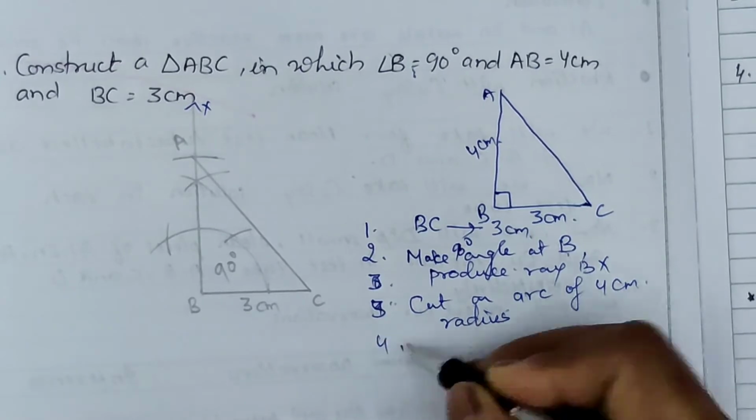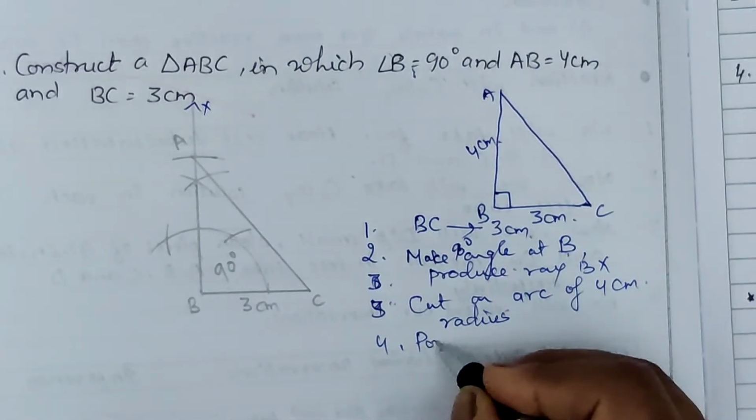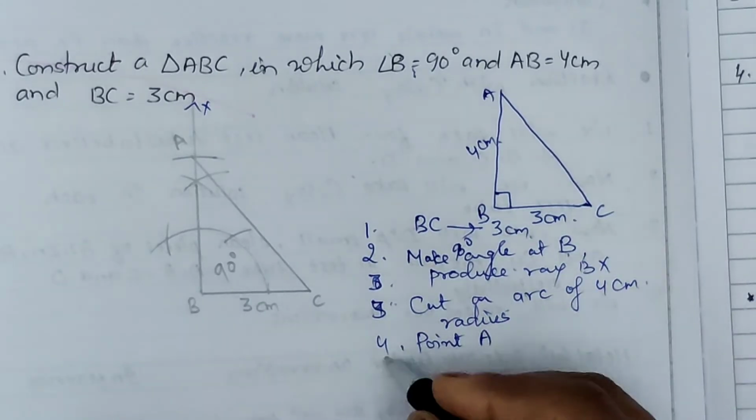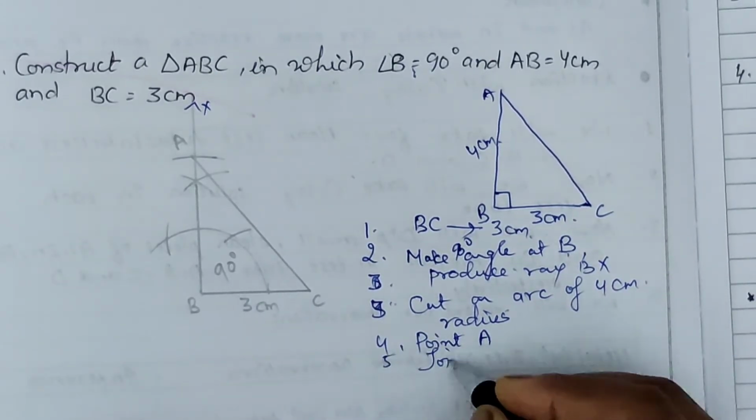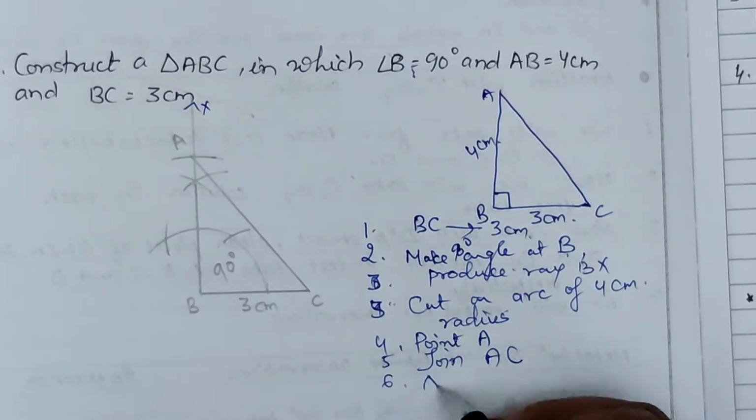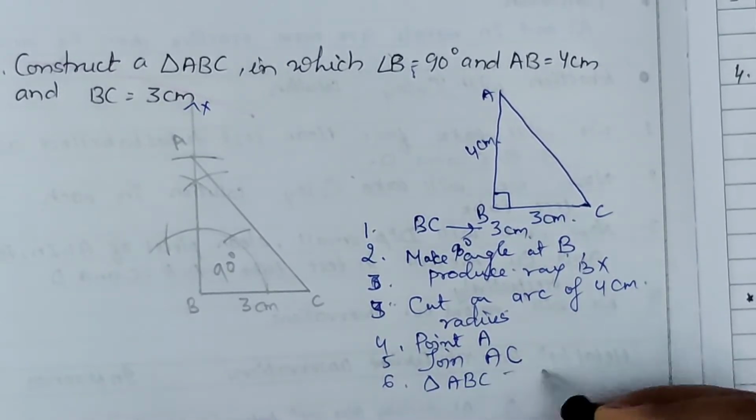Fourth, the point is A. And last, join AC. These are the simple steps. Triangle ABC is the required triangle.